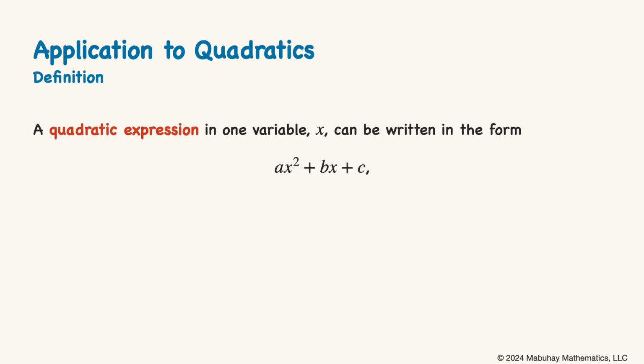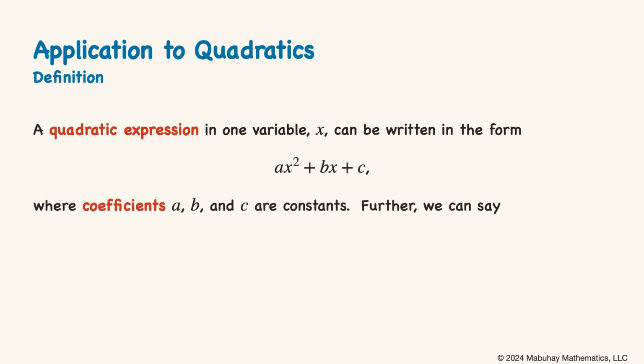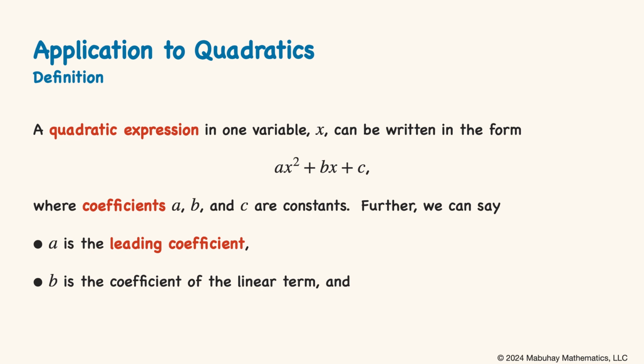Here these coefficients, a, b, and c, are all constants, as opposed to x, which is a variable. Further, we can call a the leading coefficient because it goes with the x squared term, b the coefficient of the linear term, linear because in that term x is only to the first power, and c we can call the constant term.